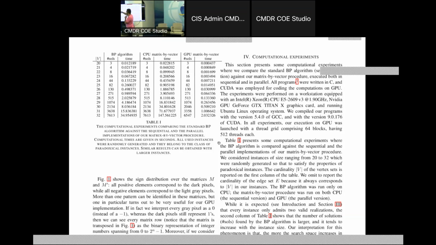It's 32 vertices, so 2 to the power of 32 possible solutions that are verified. And OK, you can see the numbers. We have 30 seconds for the last, largest experiment on one side and 2 seconds on the GPU to make the same verification.